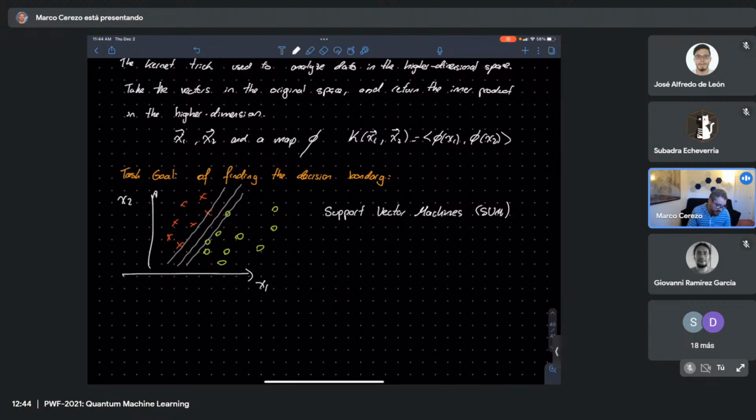And here, the idea is that we solve the optimization problem of determining the hyperplane that separates the data by class.